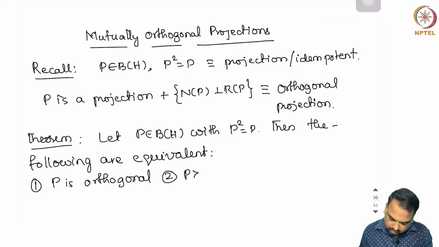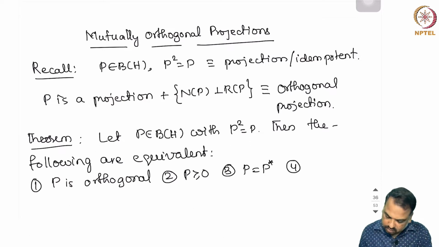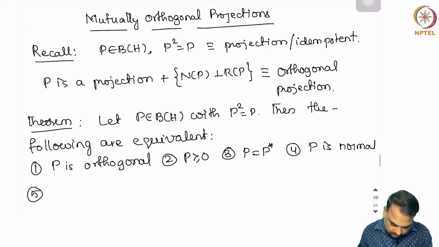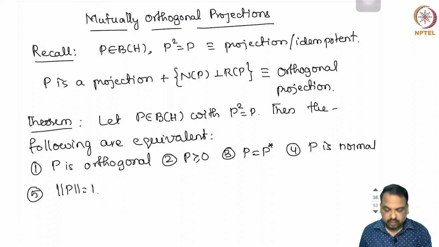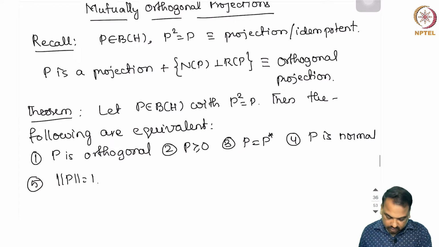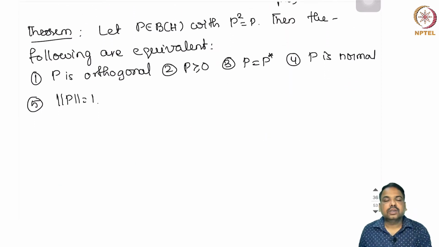Second, P is positive. The third one, P is self-adjoint. Fourth, P is normal. And the fifth equivalent condition is that norm of P equals 1. We have seen that if P is a non-zero projection, then norm of P is bigger than or equal to 1, but when P is an orthogonal projection, the norm is exactly equal to 1. So, these are the equivalent conditions and we have seen some examples also.